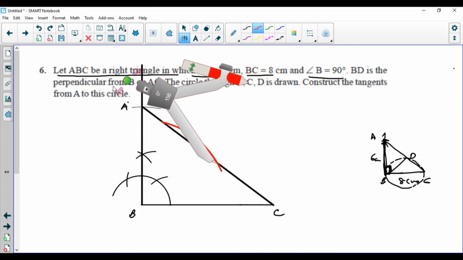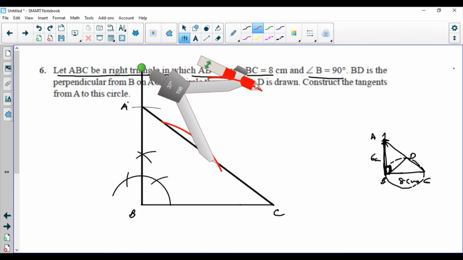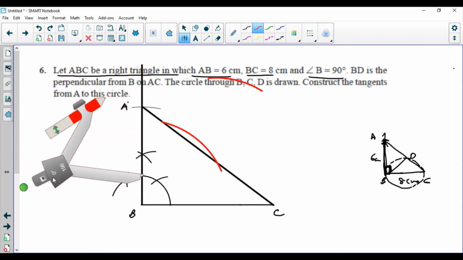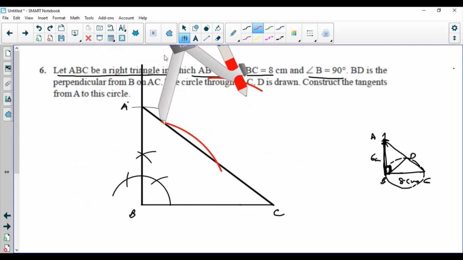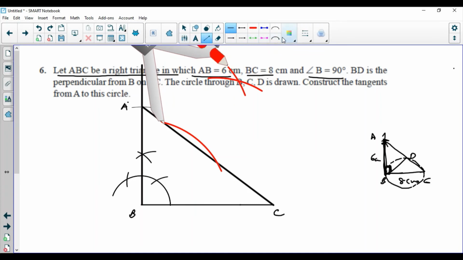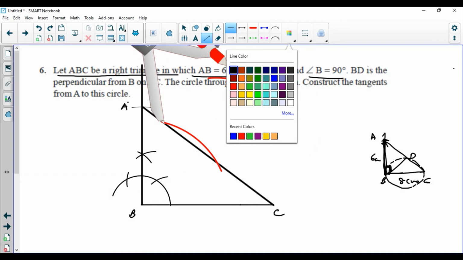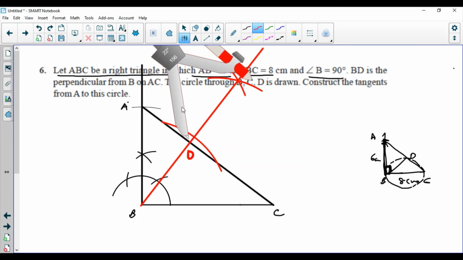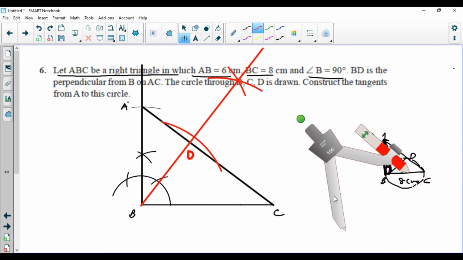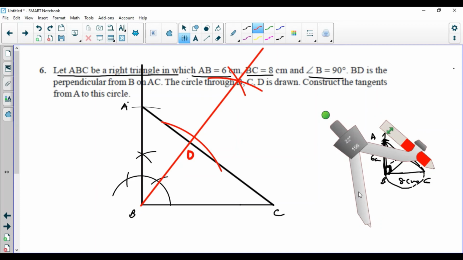At one point we'll keep our compass, then here. Okay, now join B and this intersecting point to get perpendicular from B on AC, and this will meet at point D. Okay, so this part is also over. Triangle is done. BD is drawn from B on AC.